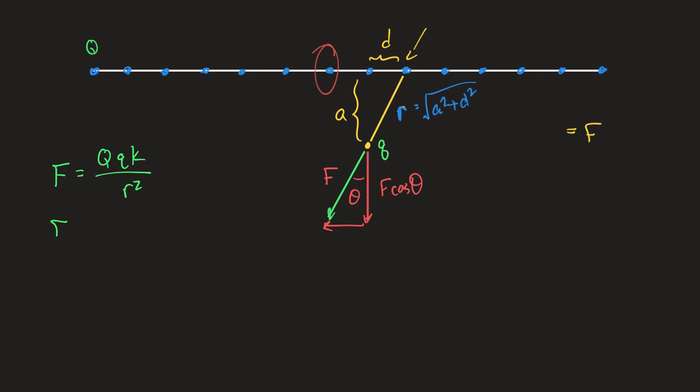Like the first thing I would probably do is say, okay, I want to scale it in the direction that we need. And I might be multiplying by a certain number of these, or I might be doing something to help me understand how many of these contributions there are. Knowing that we can't have theta in our answer and knowing that we can't have r in our answer, we would have worked to try and find ways to write r in terms of the given variables, a and d.